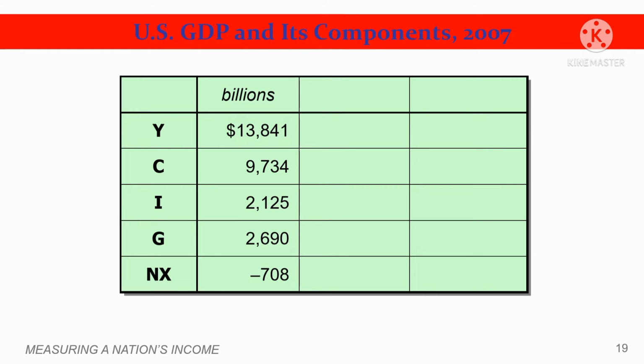So of the four components, mas malaki yung share ni consumption expenditure. And this is true to all GDP in the country. So mas malaki talaga yung consumption spending of the country compare sa ibang components.